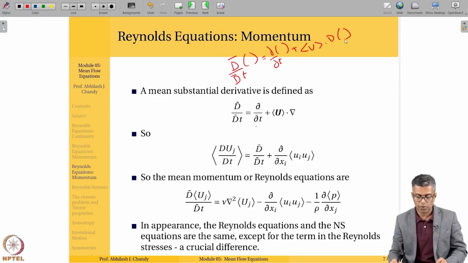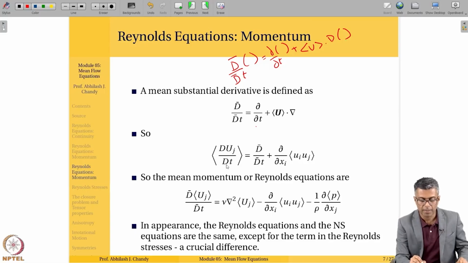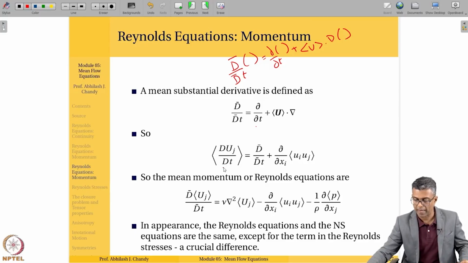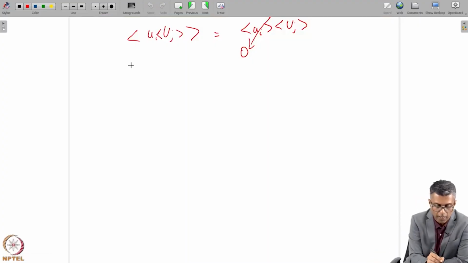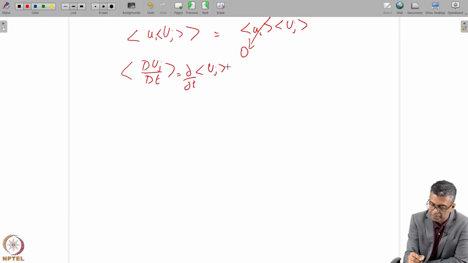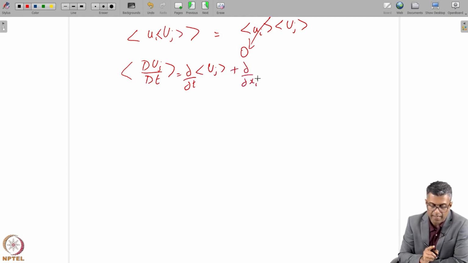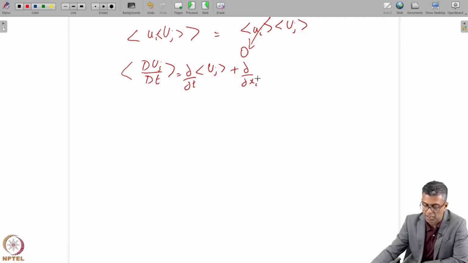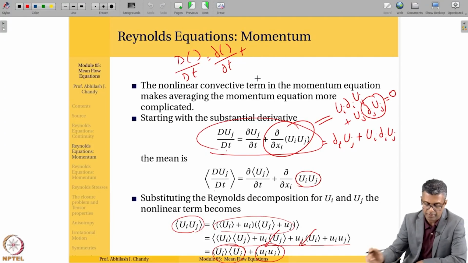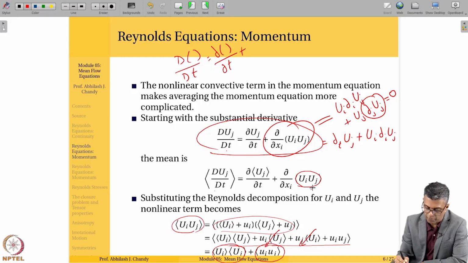All right. Now when I take the mean of the substantial derivative, I'm going to go back and derive this. The mean of Duj Dt is del t of uj plus del xi, and again I am using the mean substantial derivative equation, this one right here, substituted with this part here.